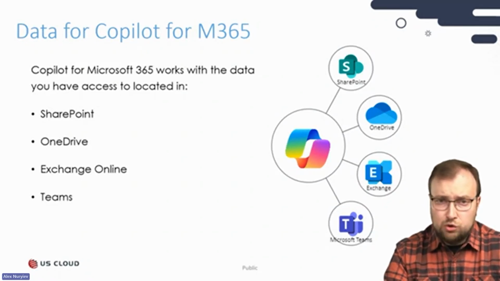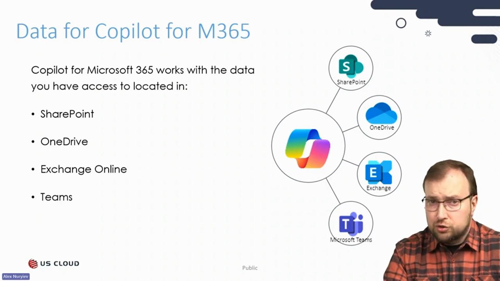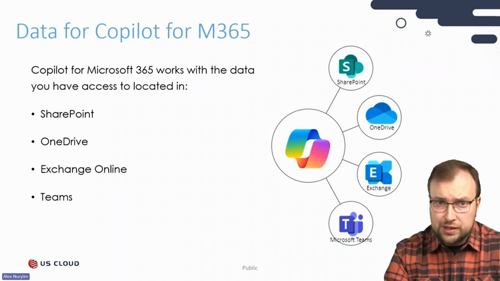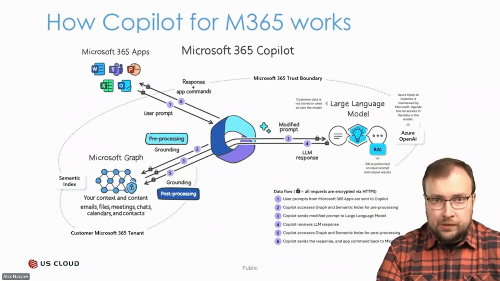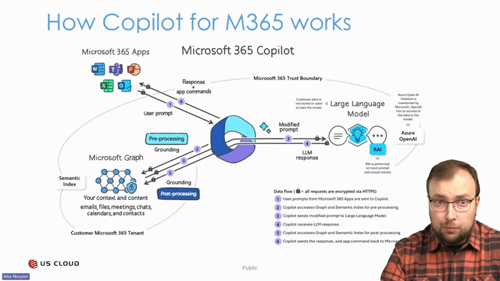And that's a huge part of the security concern. So that's why we will go over the security and compliance section later today. To summarize, Copilot for Microsoft 365 operates within the cloud, accessing data only visible to the user, ensuring privacy and security.